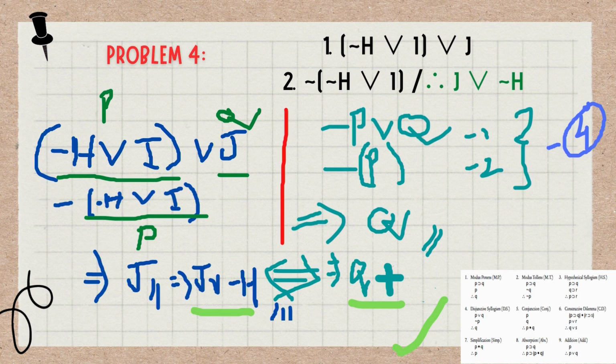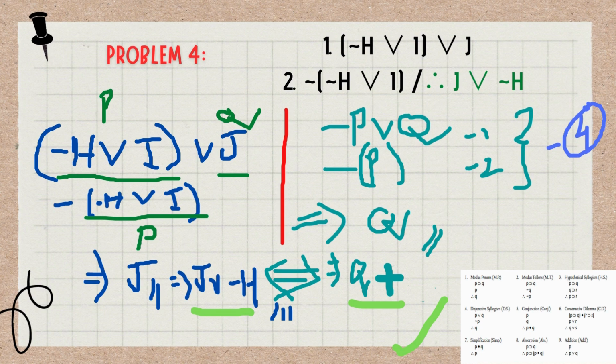Let's take the next problem. The first premise is negation H disjunction I, disjunction J, and the second premise is negation H disjunction I. In the conclusion we have to prove J disjunction negation H. In the first premise, take the first bracket as P and J as Q, and take the second premise as P, which has a negation, so negation P. Write it as P disjunction Q as the first premise value and negation P as the second premise value.